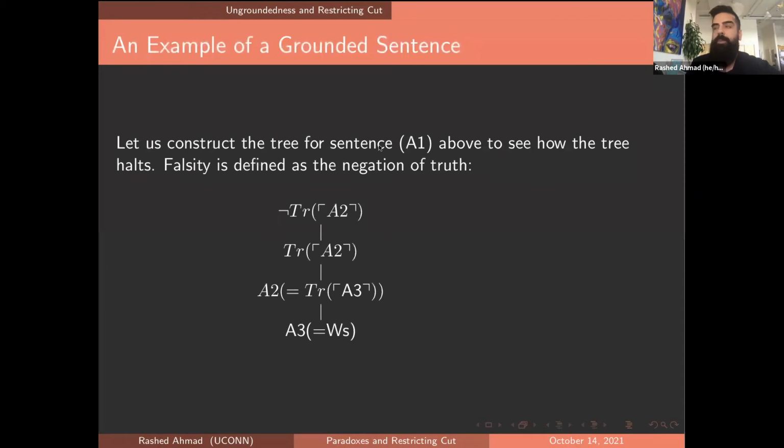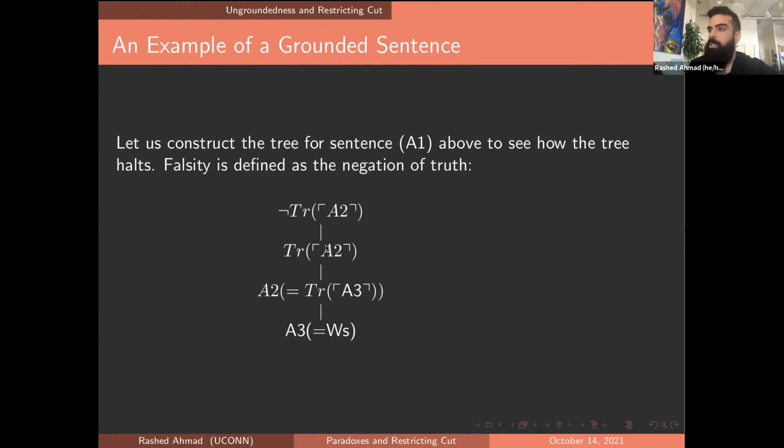So let's take our previous example. So let's see how A1 is grounded. So again, A1 says A2 is not true or A2 is false. We're equating false and not true. We start by getting rid of the negation. We look at A2 is true, and then true is a partially transparent predicate.